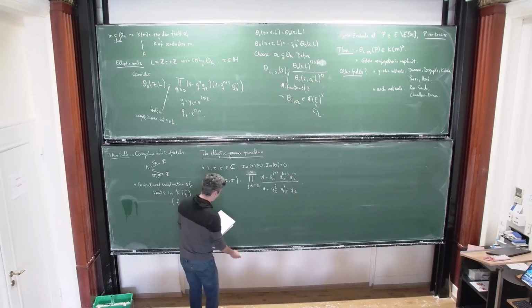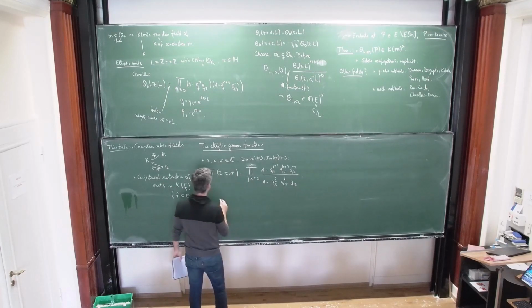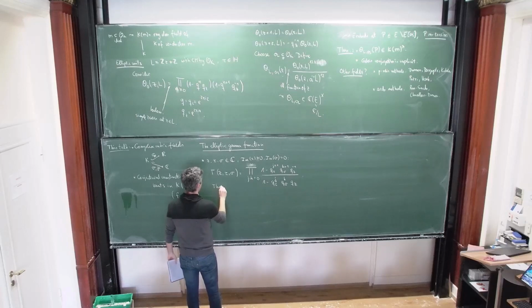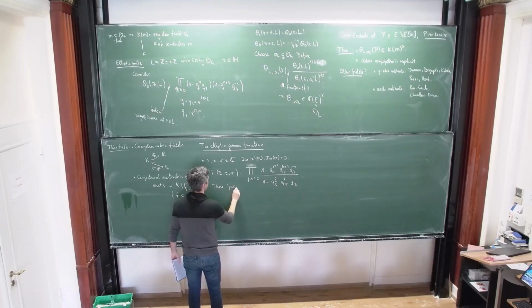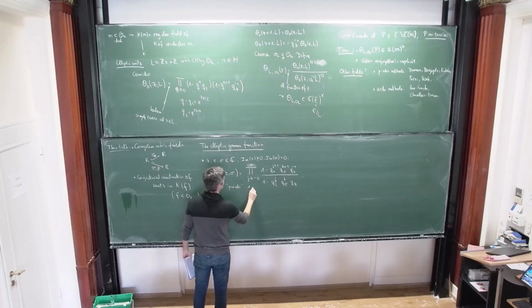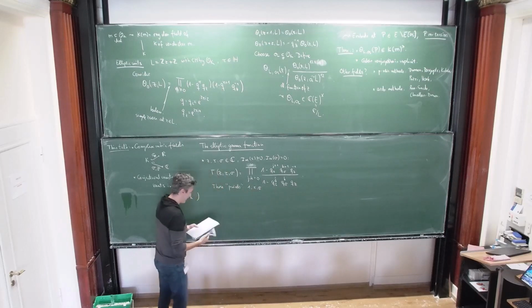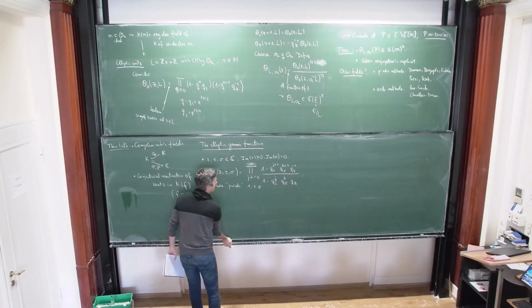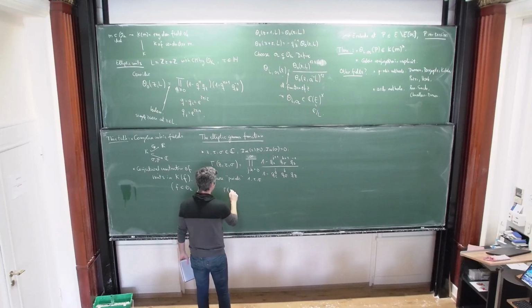So maybe I'll say that this has three periods, 1, tau and sigma. And what do I even mean by that?